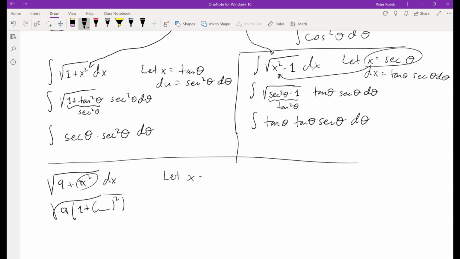So if I let x be equal to 3 tangent of theta, then my coefficient in front over here is going to become a 9 when it gets squared. So this is going to be my choice.